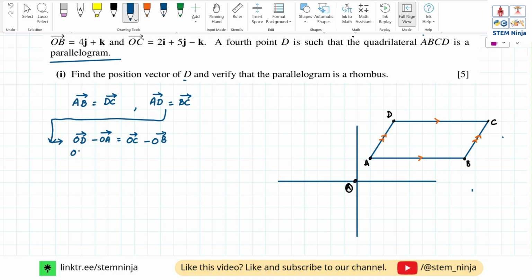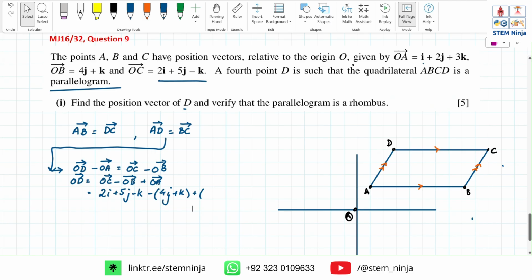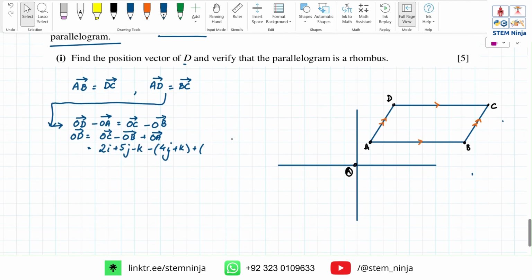So this means that OD we can easily find out by simply taking OA on the other side, because we know the rest of these. So OC, 2i plus 5j minus k, minus OB, which is 4j plus k, and OA is, what was it? i plus 2j plus 3k.